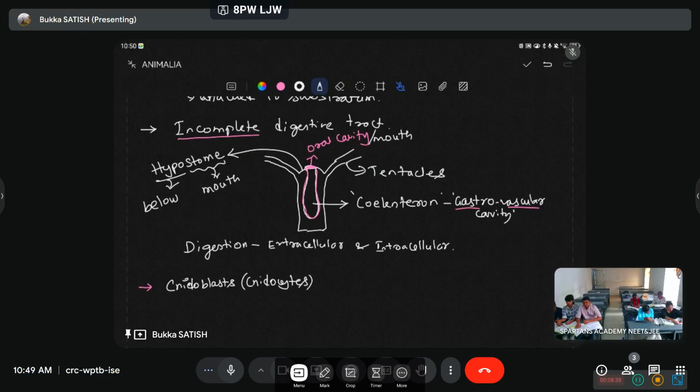These nidoblasts or nidocytes possess stinging cells, stinging capsules, which are called nematocytes. And the figure is given in the textbook. Once you open the textbook, figure 4.7.